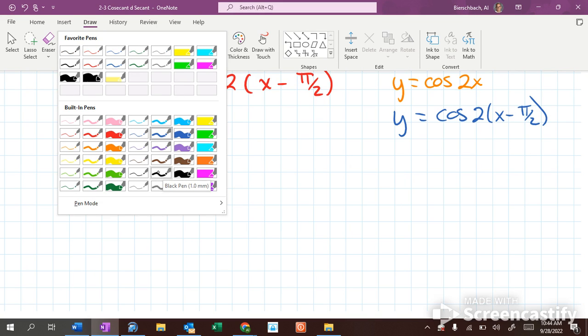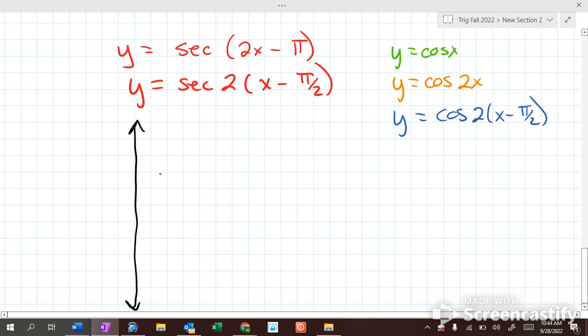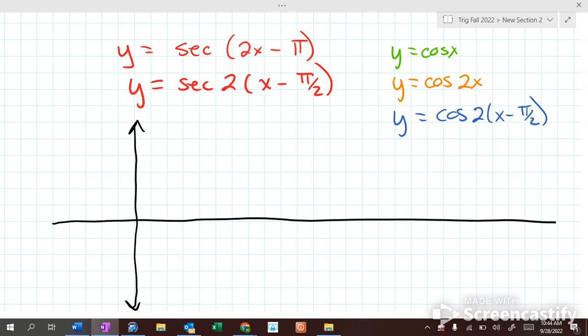What's that 2, the orange one, going to do in my graph before I totally build my graph? Is it going to stretch it twice as wide? No, it's going to shrink it half the size.